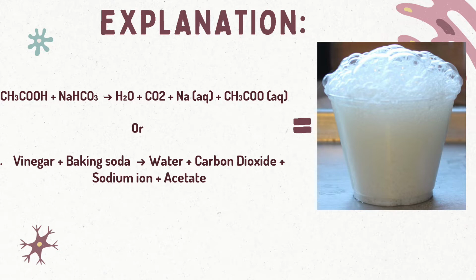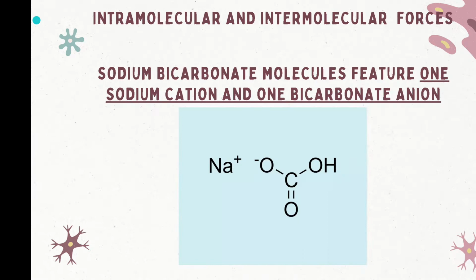The carbon dioxide molecule, free of its other chemical bonds, can now escape and bubbles forth as a gas. When acetic acid is introduced to an aqueous sodium bicarbonate solution, an acid-base reaction occurs, resulting in the production of sodium acetate, salt, and water, as well as the release of carbon dioxide.